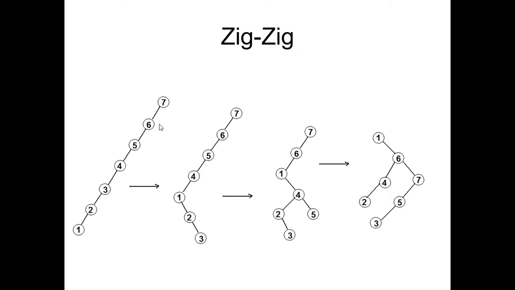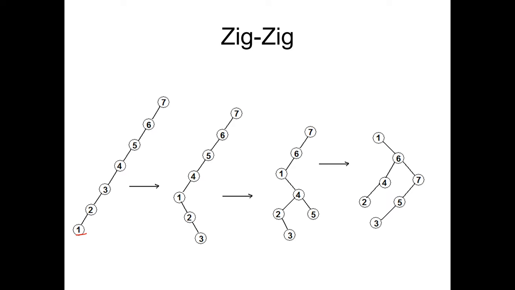Looking at this particular skew tree, this is falling under zig zig. What happens here? The recently accessed node, let us say X, has to be brought onto the root.